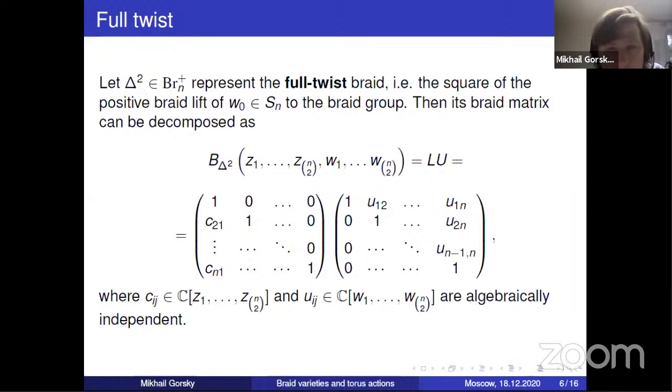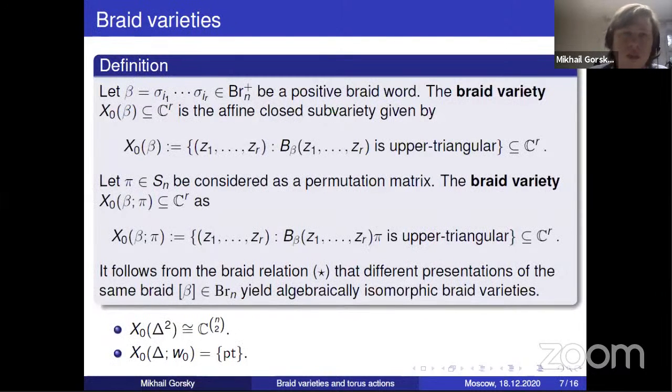Okay, I'm on time. So what is a braid variety? Let me go a bit slower maybe. Take a positive braid word. Then we have a matrix B of beta for each braid word beta, and the condition is that the matrix is upper triangular in the complex space of the dimension which is the length of the word, because this is the number of parameters that we put in.